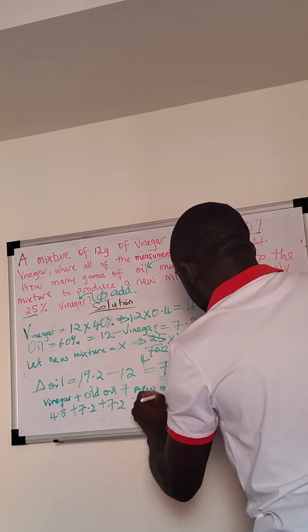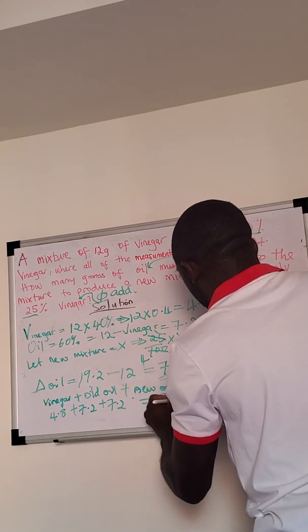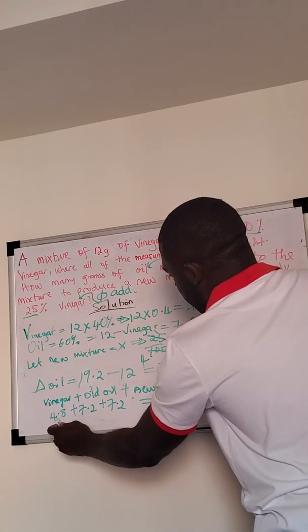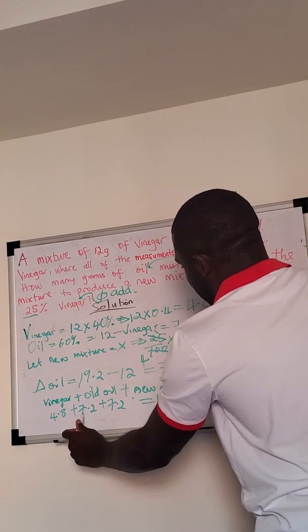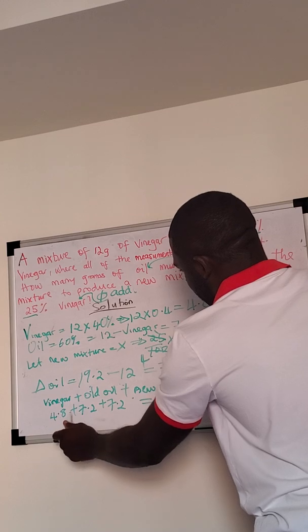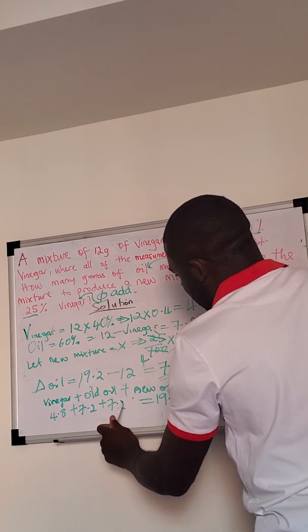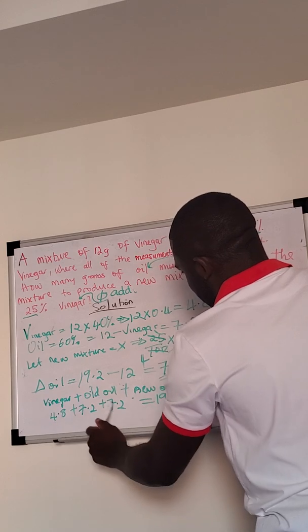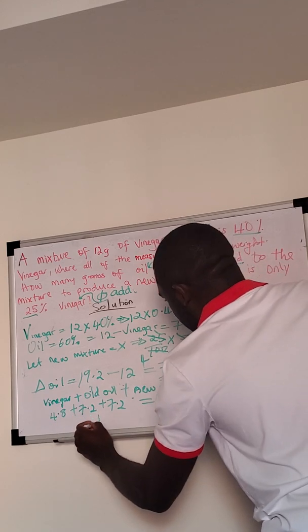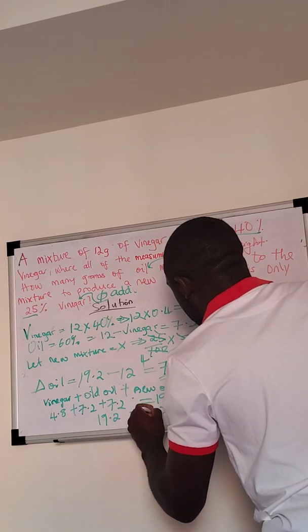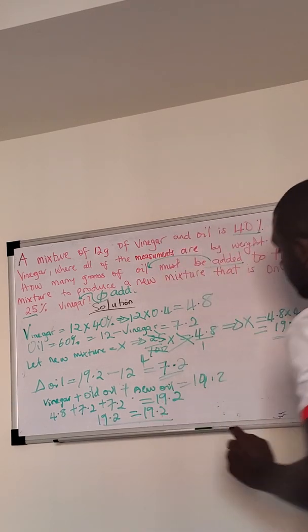Again, we're trying to prove that our answer is correct. So 4.8 plus 7.2 is 12, plus 7.2 is 19.2. So 19.2 is equal to 19.2. That's the end of the problem.